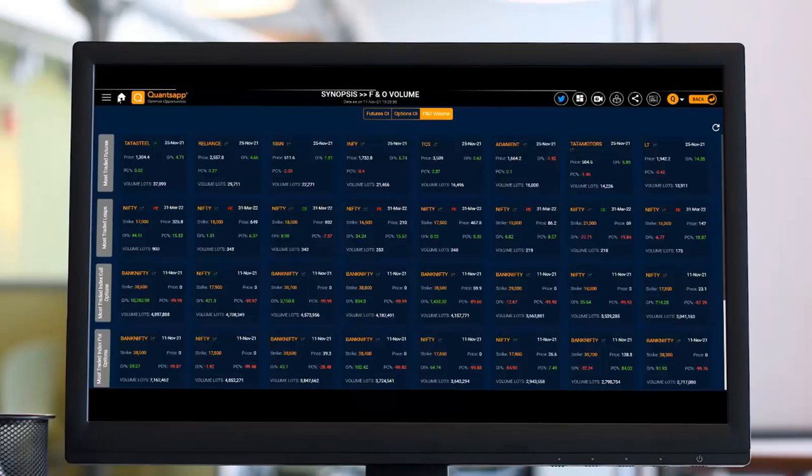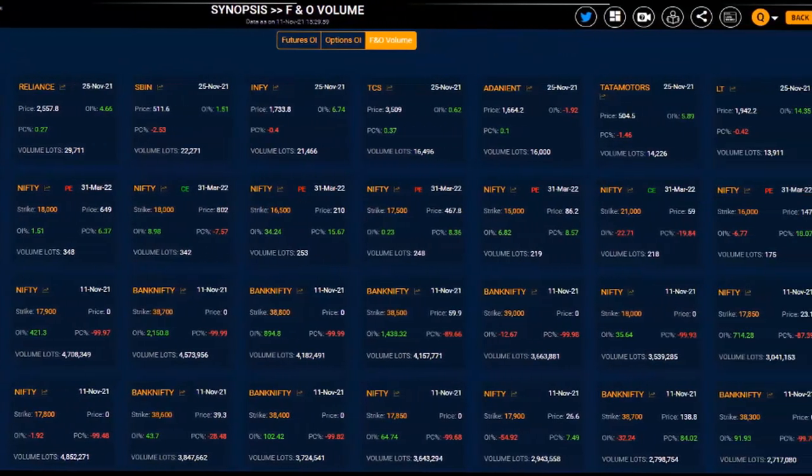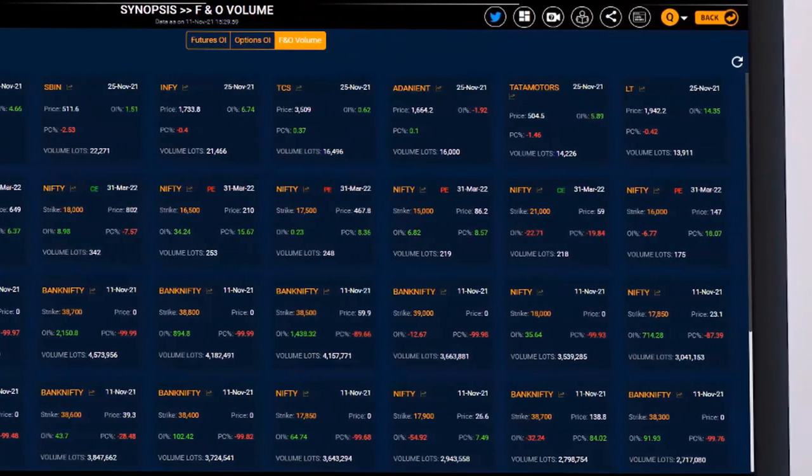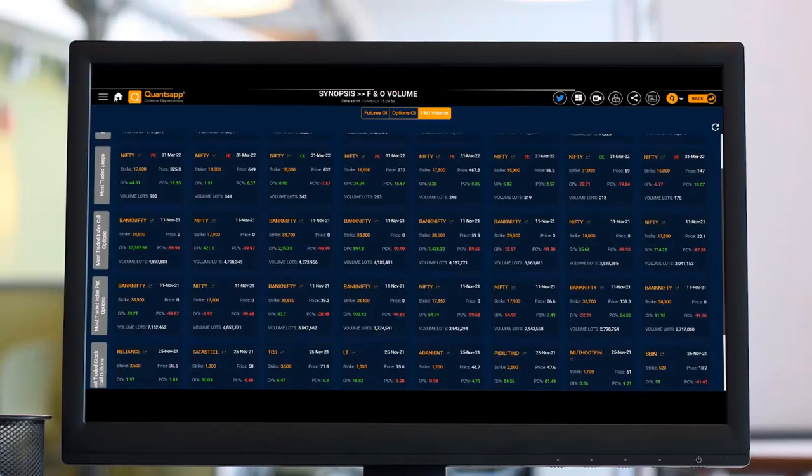The last thing is about FNO volume. So it shows us which are the strike prices which have witnessed the heaviest volume. It will show us the instrument, the price of that instrument right now, the open interest and price change. It will show first the most traded futures. Most traded leaps are basically, if you focus on the expiry of these in the most traded leaps panel, these are way far off expiries.